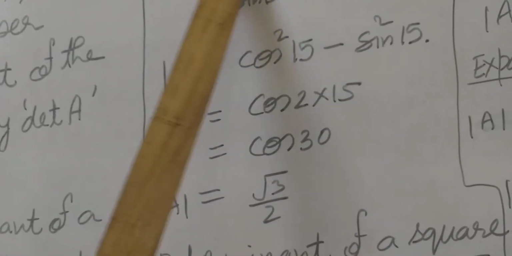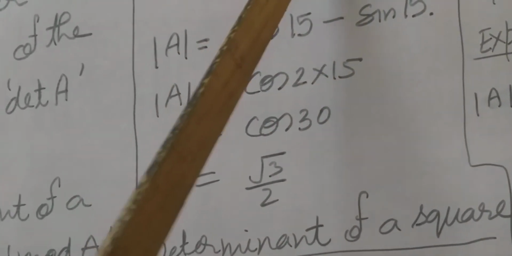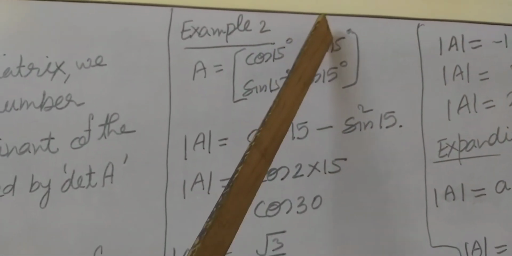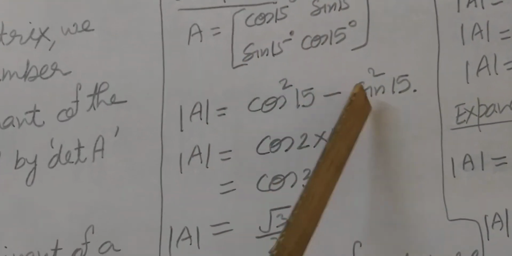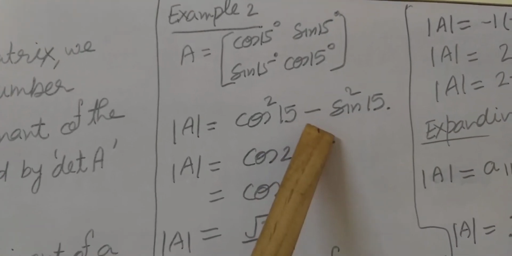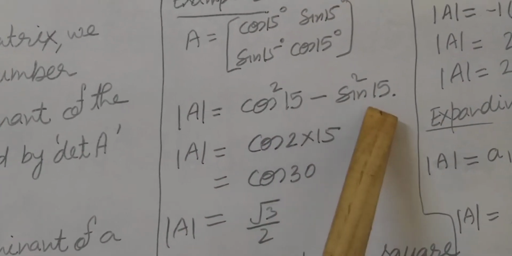The answer is cos square 15. Now we have to multiply A21 to A12. It is sine square 15. We put minus sign between them. Cos square 15 minus sine square 15.